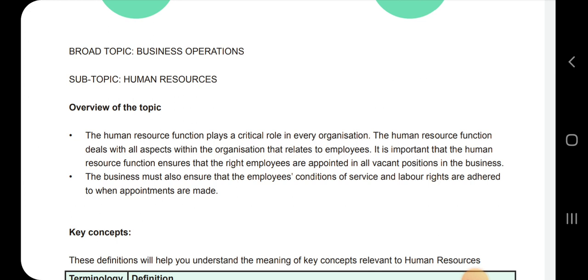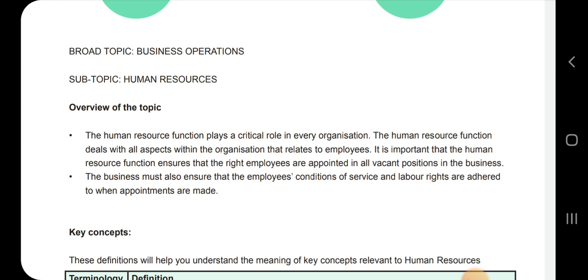It is important that the human resource function ensures that the right employees are appointed in all vacant positions in the business. So if we're looking for a certain person to work in the business, human resources ensure that the right candidate for the job is appointed, based on experience, knowledge about that job and all that.